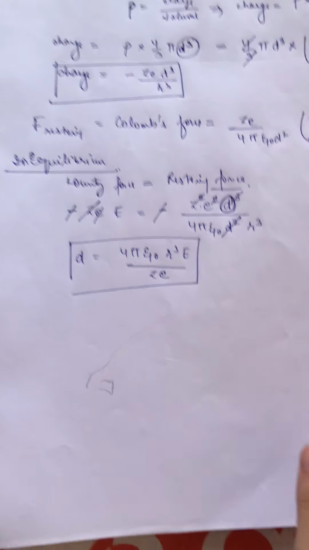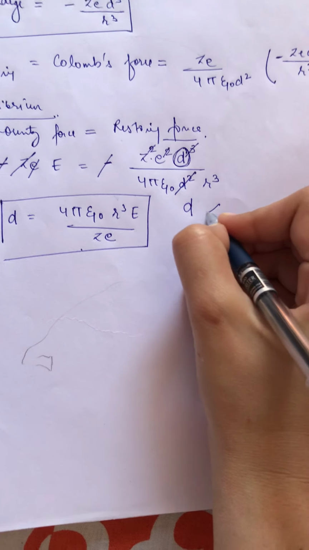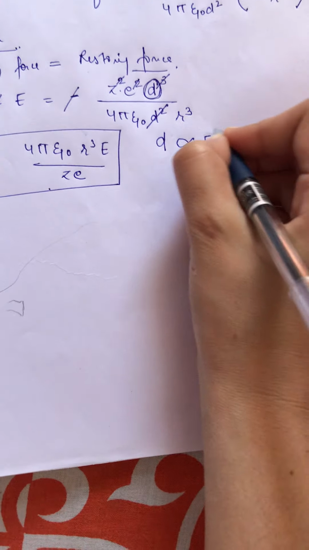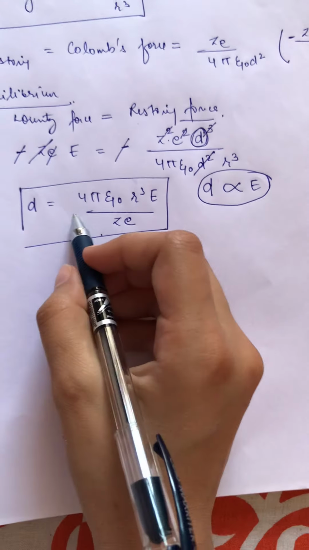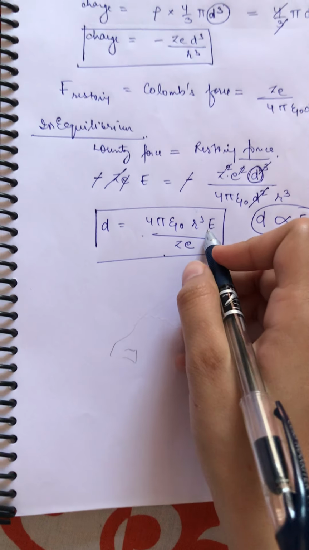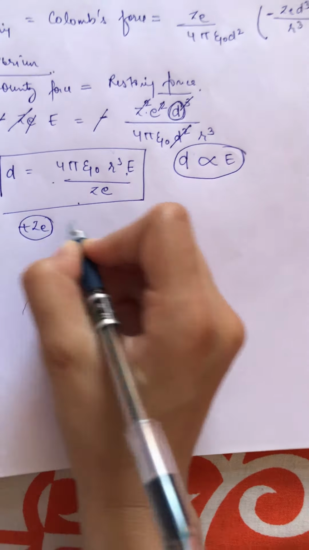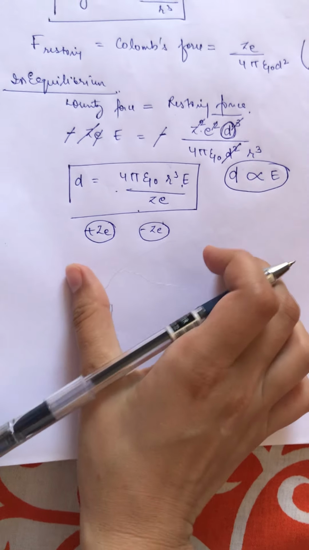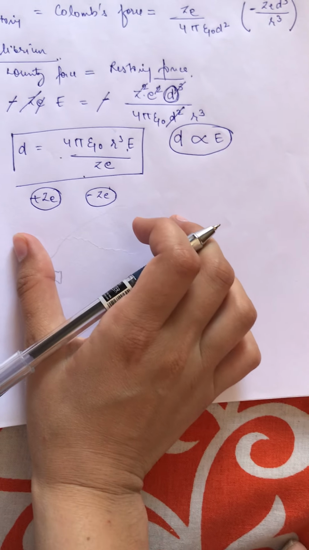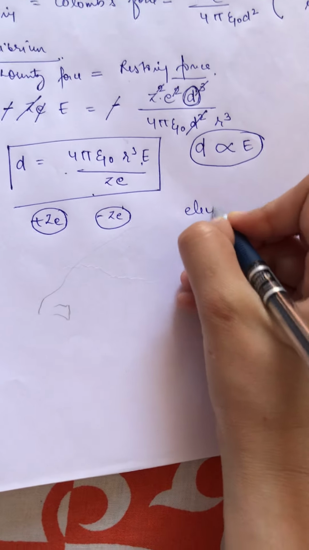Now from this equation we get that the displacement is directly proportional to the applied field. Now the two charges plus Ze and minus Ze are separated by a distance, therefore they will act as if they are an electric dipole.